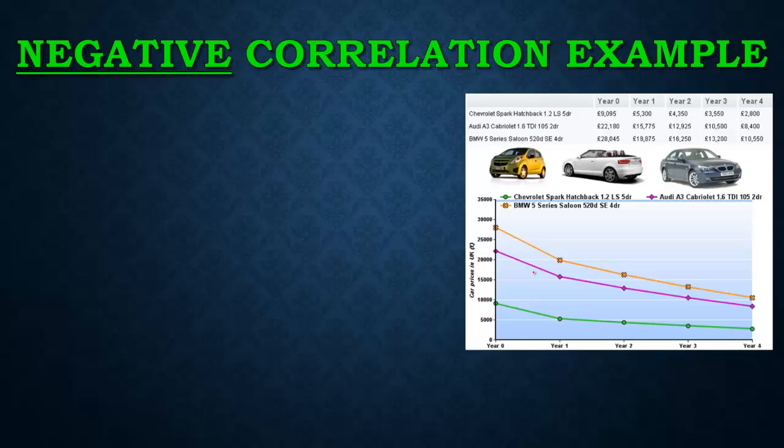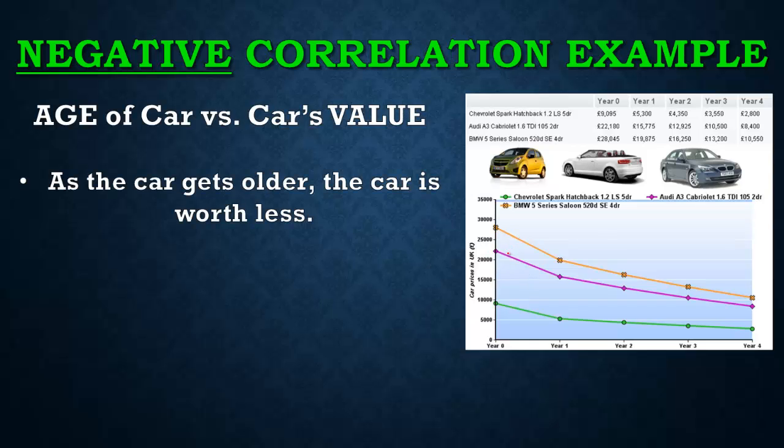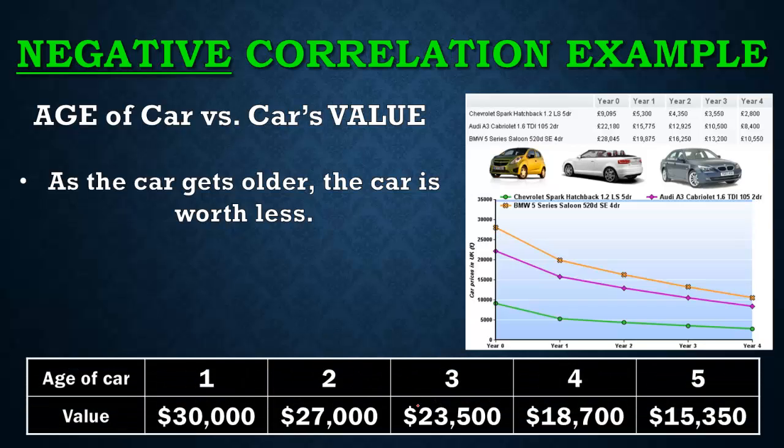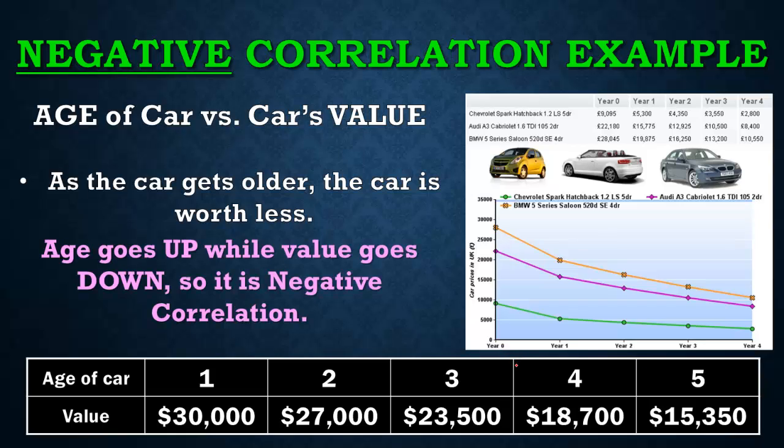A really good example is the value of a car. As the car gets older, it is worth less. That's pretty much going to be any car that you guys buy. Keep that in mind. You can see how the value of the car decreases as the years of age increase. So again, that would be a negative correlation.